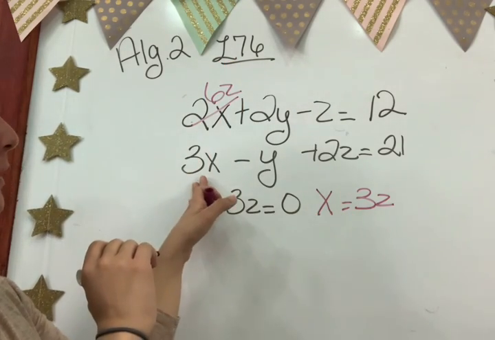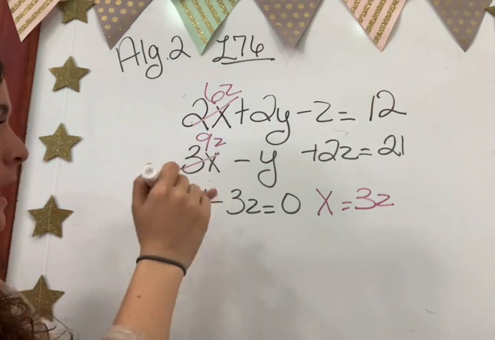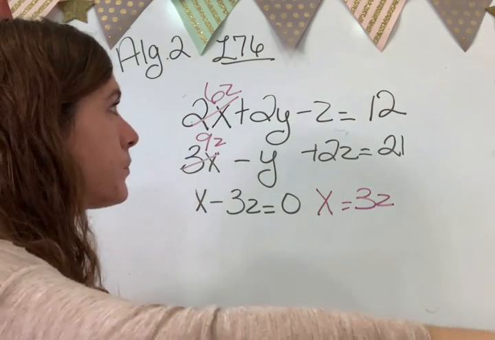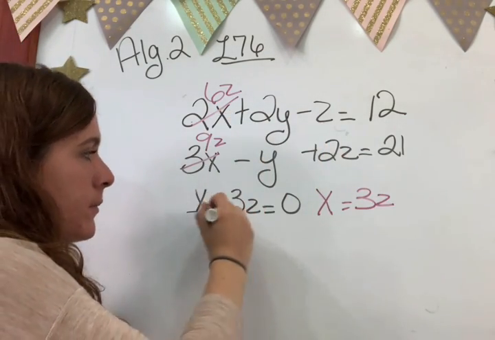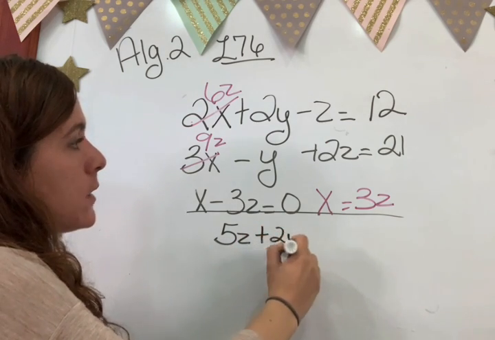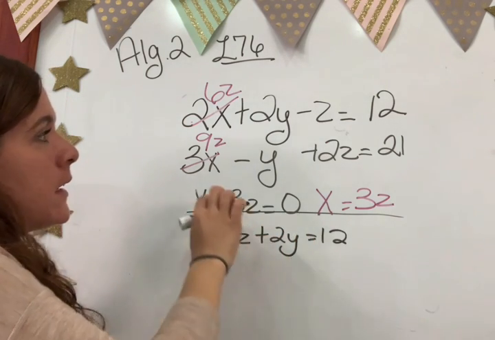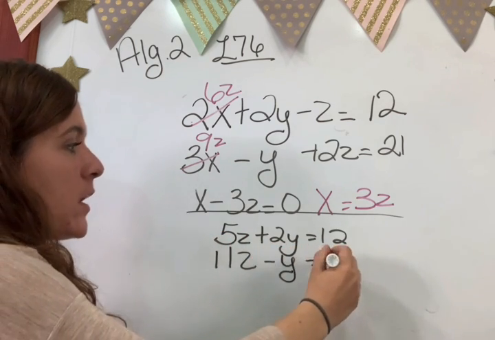And 3 times 3z is 9z. And then I'll rewrite my equations. 6z minus z is going to be 5z, plus 2y equals 12. And then 9z plus 2z is 11z minus y equals 21.